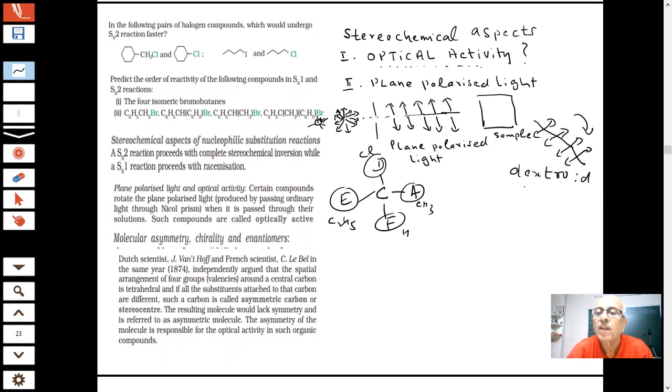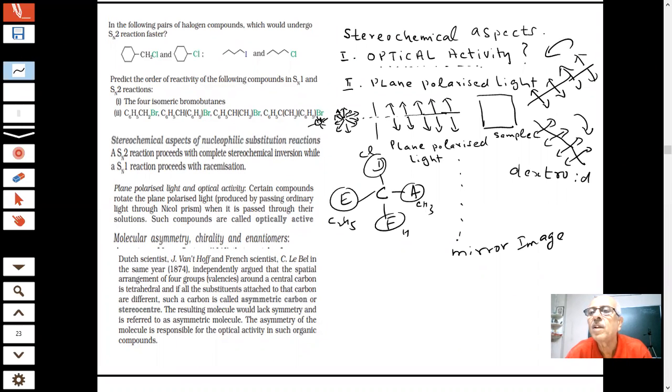Then they found there is a mirror image of this, and if I put a mirror, that rotates the plane polarized light in the anti-clockwise direction. This is called laevo.